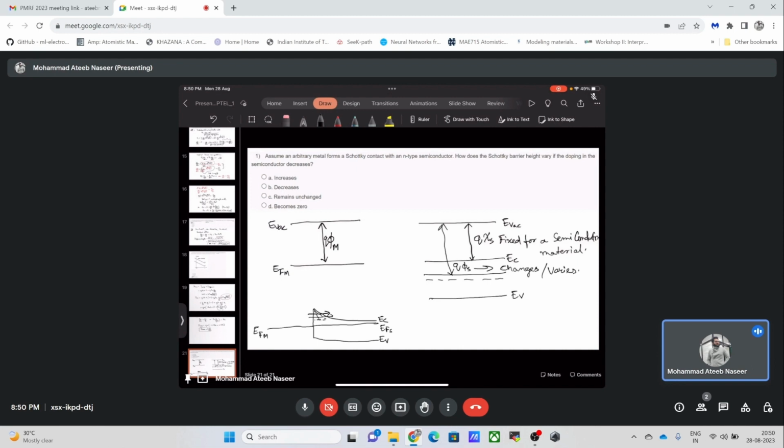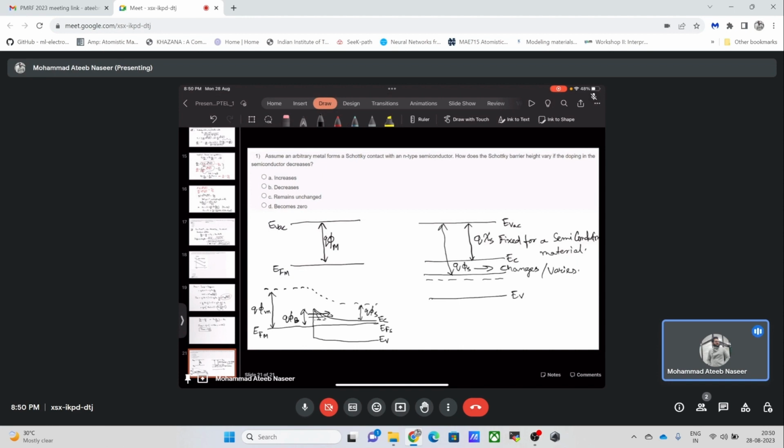This barrier over here is the Schottky barrier, and if I draw the vacuum level, this is simply Q phi m, and this is Q phi s.